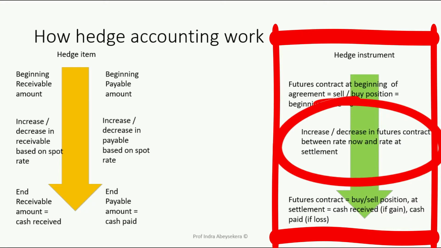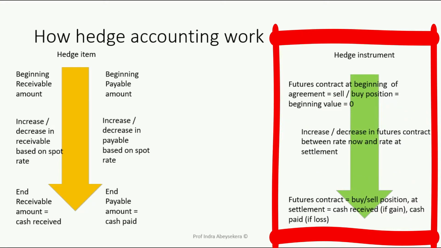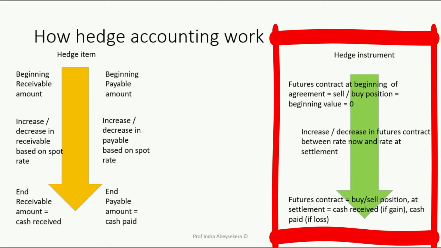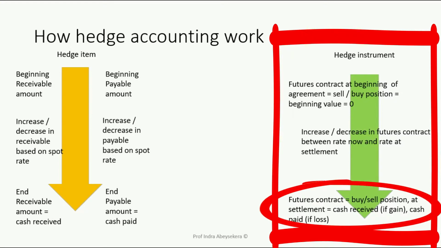A unique aspect of a futures contract is that you enter into a contract saying you sell. For example, you want to sell shares, but you don't have shares to sell. So in a futures contract, at the settlement, because you don't have shares to sell, you close out the contract by buying shares.